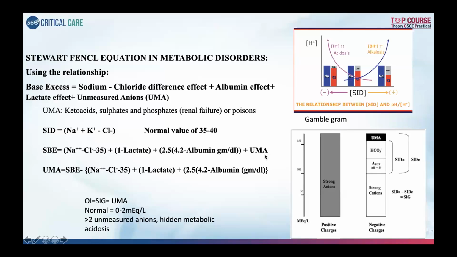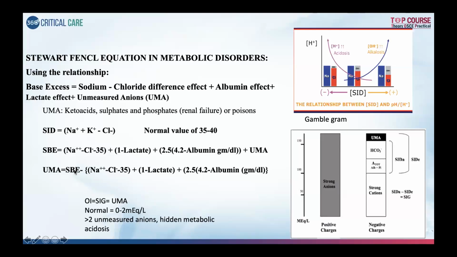If you want the unmeasured anions, the other acids that are not being measured, you have to subtract the contribution of the strong ion difference, lactate and albumin from the standard base excess that you get in the lab.